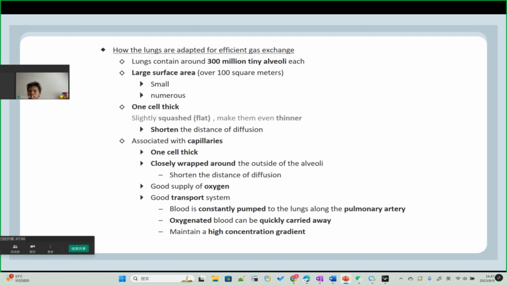And as you have mentioned, it's only one cell thick, so it shortens the diffusion distance. It's also associated with lots of capillaries, also one cell thick, which maintain a really high concentration gradient and a good supply of oxygen to be transported into the blood.